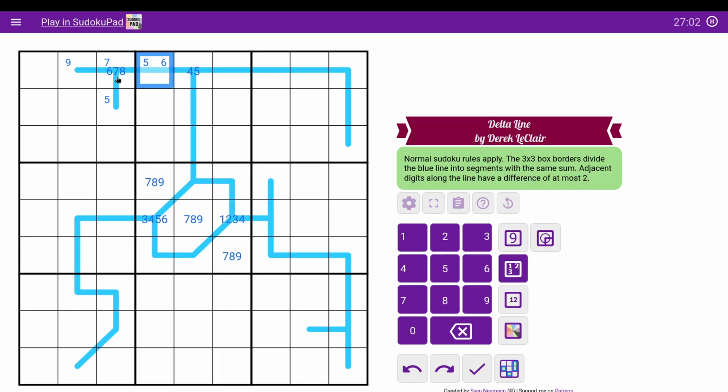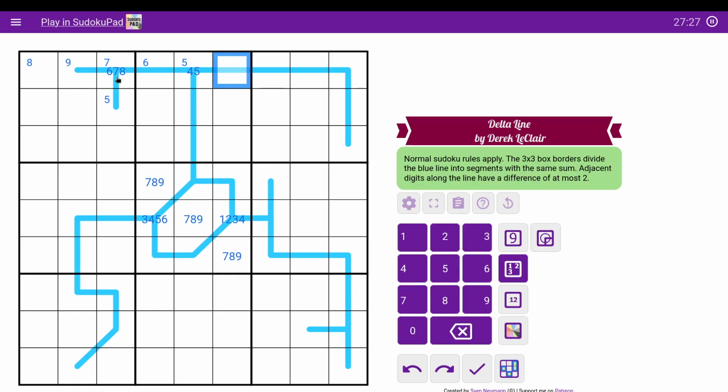Now maybe we can disprove 5. So if this is 5, this is 4. Actually, I feel more like disproving that this is 5. Okay. If this is 5, this is 6. 5, 6, 7, 9. We cannot get back up to 8. That's impossible.